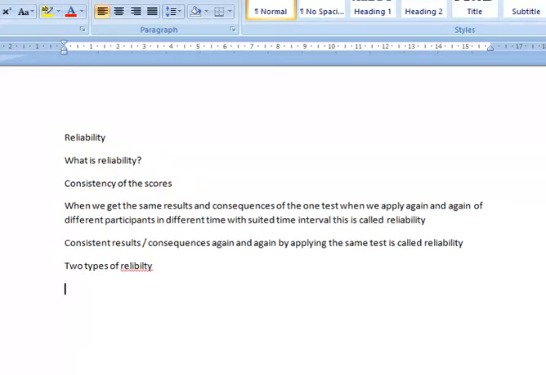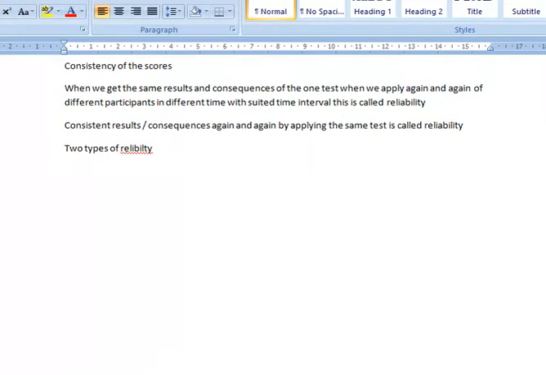One is internal reliability, the other is external reliability.